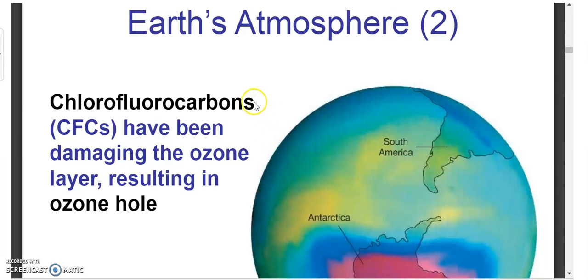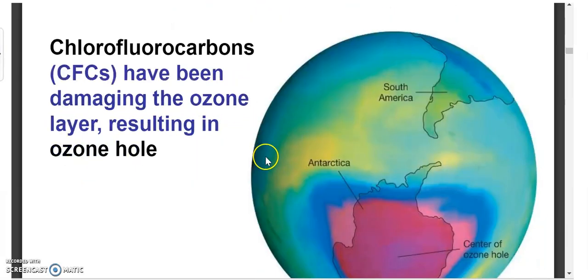All right, and these CFCs, these chlorofluorocarbons, were actually used a lot more frequently back in the 1970s, and what we found is this particular chemical compound caused holes in the ozone layer.